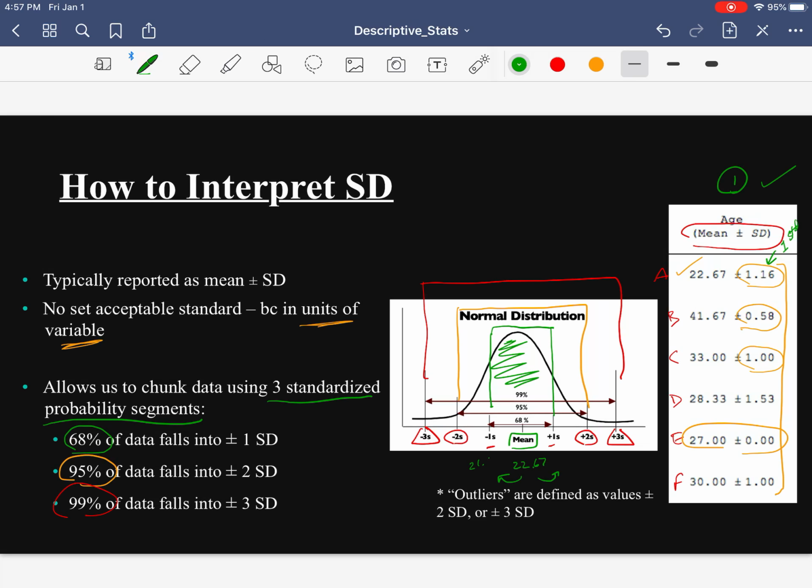What's that? 21.06. If I did the math wrong, sorry. And then plus would be 23.73, right? So that's how you would calculate it moving out. And then if I went to our second one, it would be 21.06, again, minus 1.16. But really, that's getting into the weeds that we'll talk about more later. This video is all about just introducing it, okay?